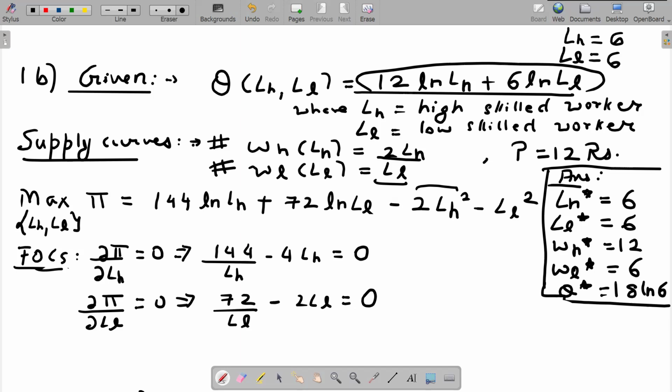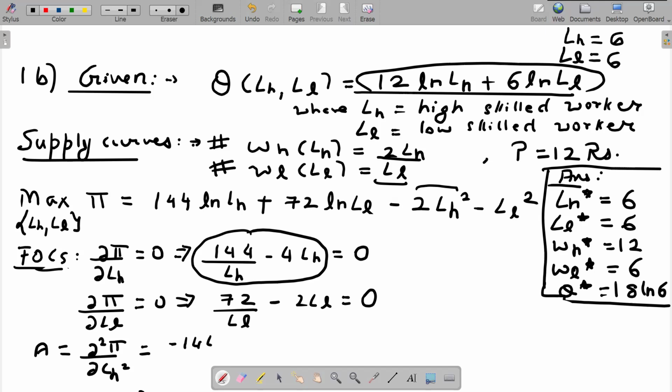Now let's work out the second order partial derivatives. So A, which is del square pi by del LH square, we differentiate this again with respect to LH. So I get minus 144 over LH square minus 4, which is negative. C will be del square pi by del LL square.